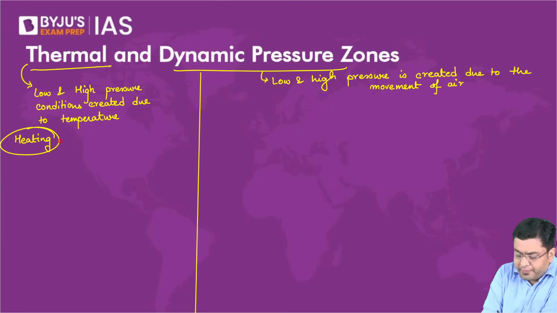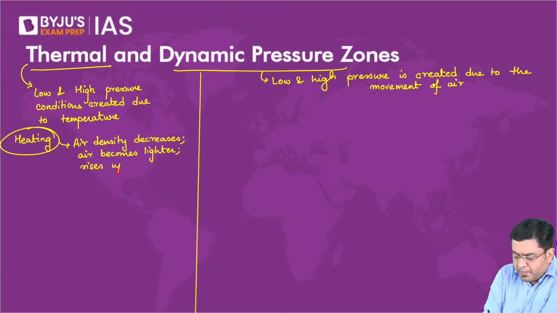So due to heating, air density decreases, air becomes lighter, rises up, creates low pressure.